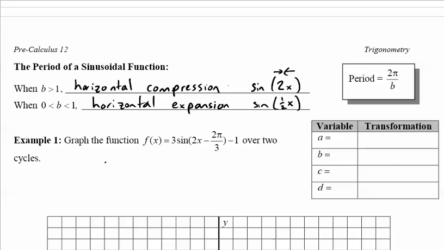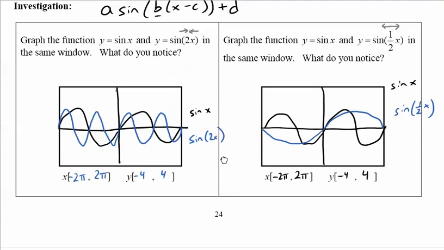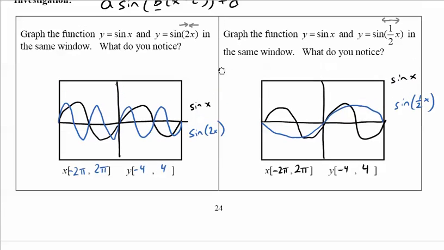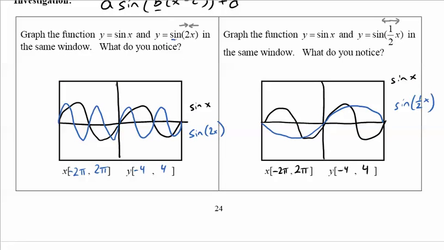Again, if you look on the top graph, when you have sine of 2x, the period becomes smaller. Instead of needing 2 pi to fit one wave, now we need half as much. We only need pi to be able to fit one period. So the period becomes half as big.